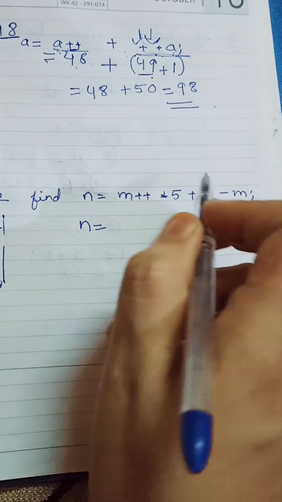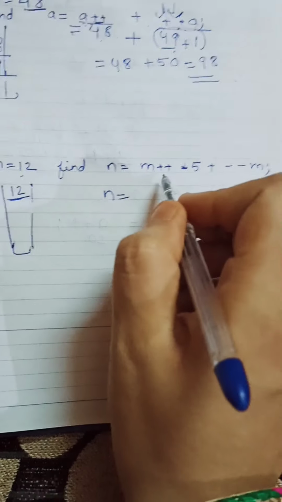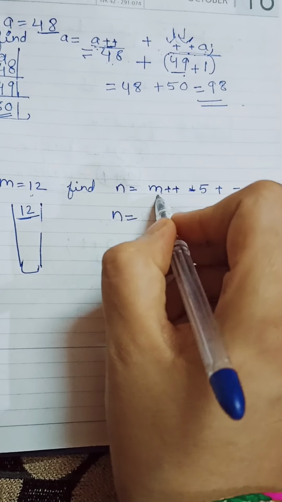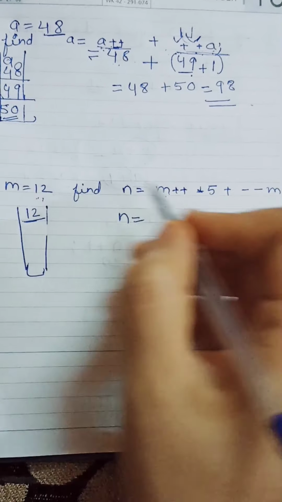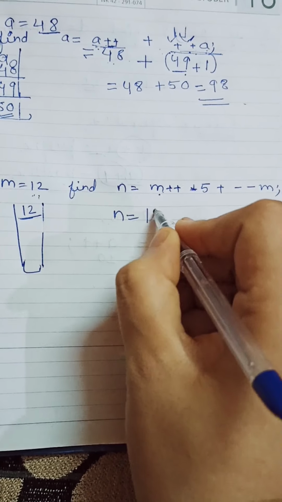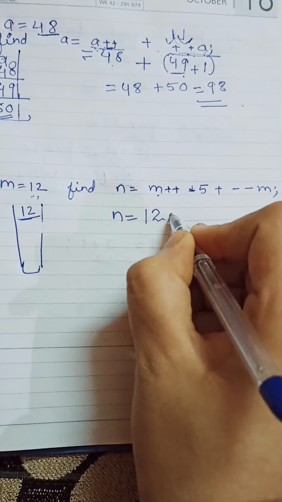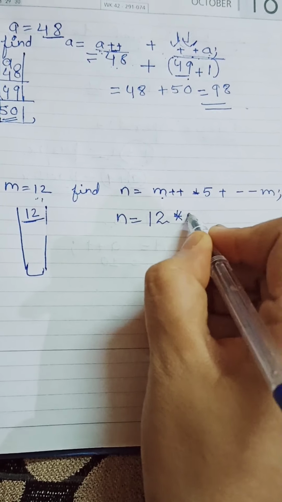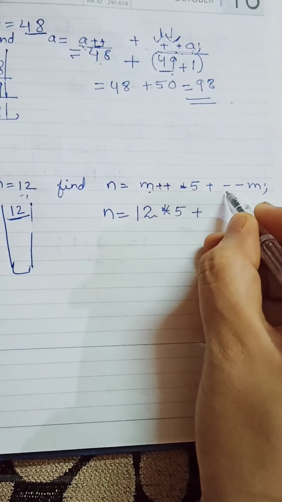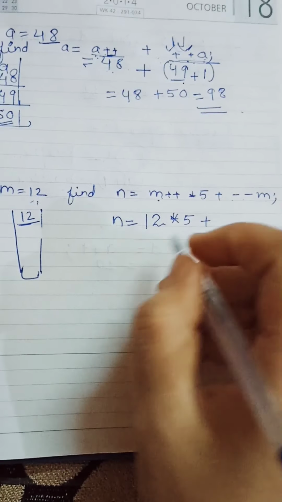At that time only I will increment the value, not now. So now let's use the original value of m, which is 12, and place it: the original value of m multiplied by 5 plus --m.